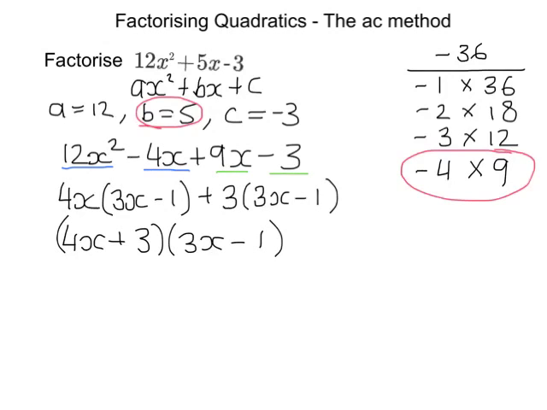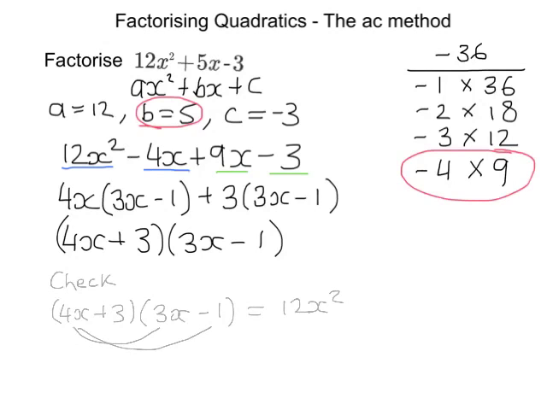Okay, so let's just check this to make sure we are right. To check, we can expand out our brackets. You should be familiar with expanding out brackets. When we do this, we're going to do 4x times 3x, which is 12x squared. And then 4x times minus 1, which is minus 4x.